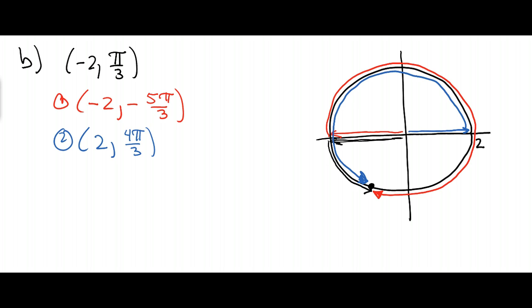Or, again, I could travel to the right to +2 and then rotate in a clockwise or negative direction to get back to that point. So if I went halfway around, that would be 3 pi over 3. I didn't go halfway around, I went 1 pi over 3 less, so that would be 2 pi over 3 in the negative direction. So I've got 2 comma negative 2 pi over 3.